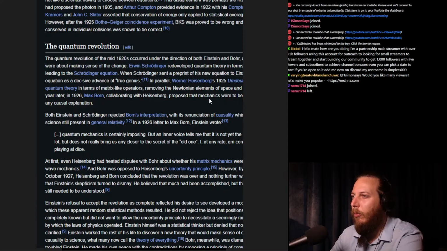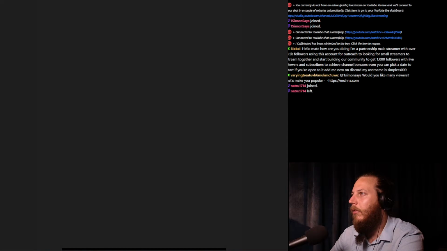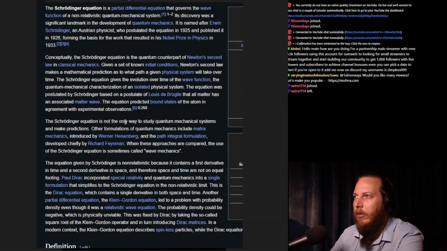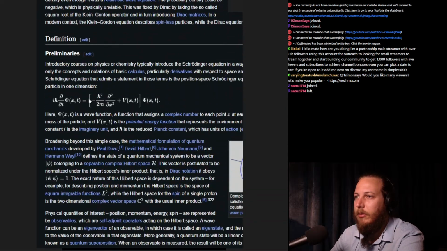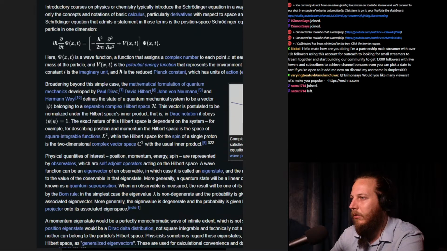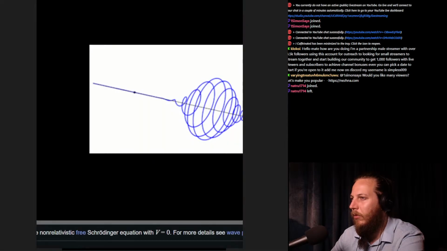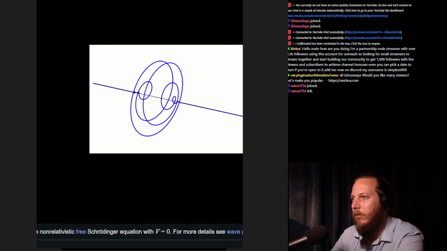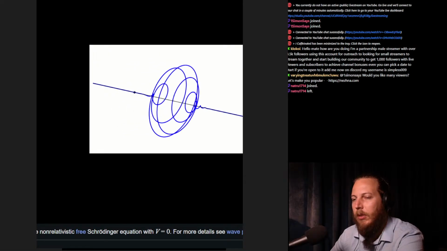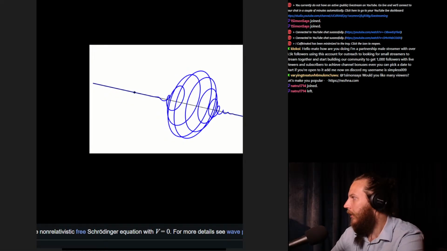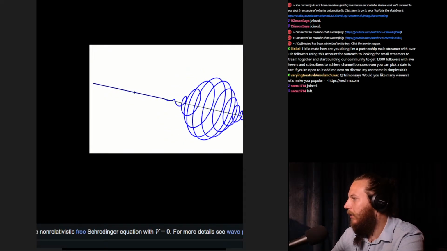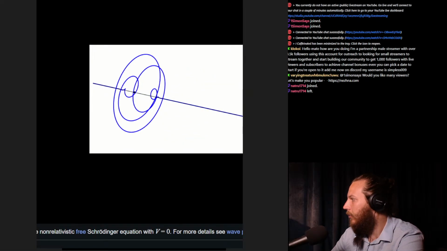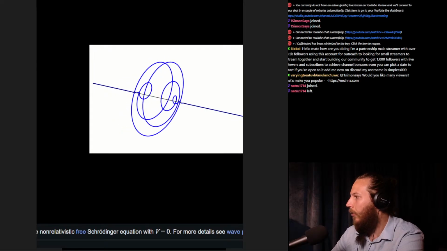In parallel, Werner Heisenberg's... Okay, then what is this? Partial differential equation. Huh. Wow, that kind of looks like... Oh, sorry, I just gotta get my windows out of the way.